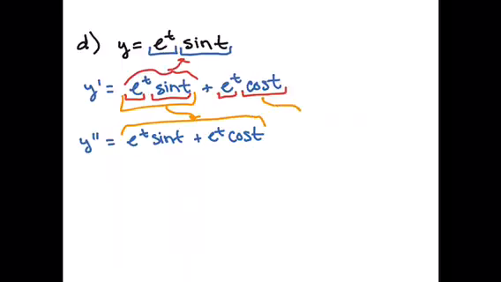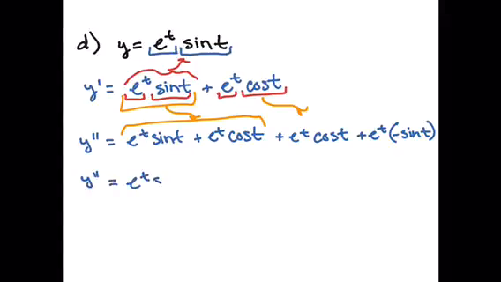And now we need to take the derivative of the second part using the product rule. So the derivative of the first function is e to the t times the second function, which is cosine t, plus the first function times the derivative of the second function. Derivative of cosine is negative sine t. Now let's rewrite this so that we can combine some like terms.